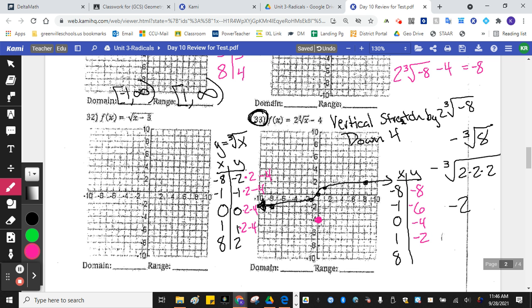Negative 2. 2 times 2 minus 4. 0. So it's moved down 4 and stretched by 2.